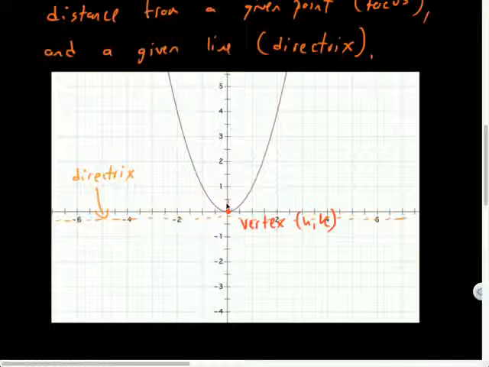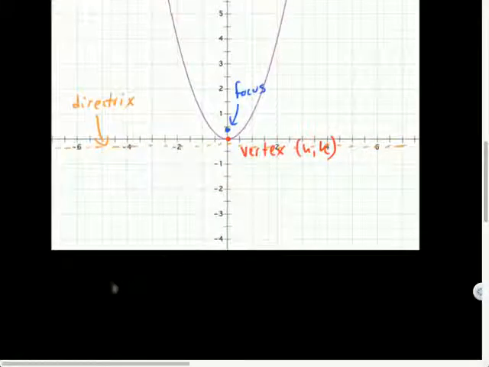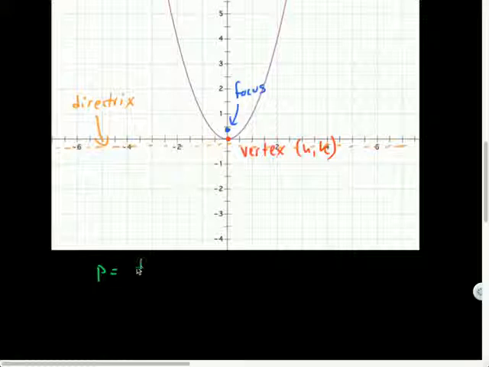And then inside, I'll draw that in a different color, I've got a single focus. All right? And we'll have this little value p. So the value p is either the distance from the directrix to the vertex.